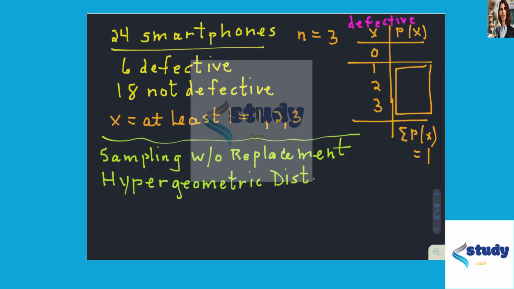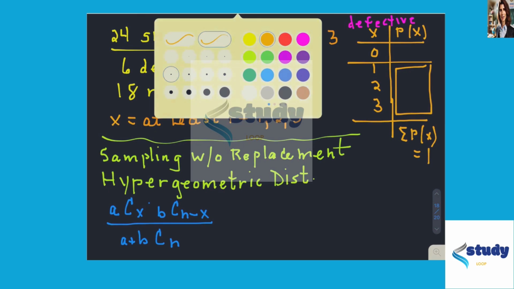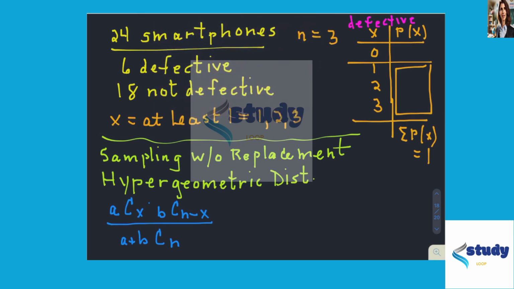And the formula says the combination of A items taken x at a time multiplied by the combination of B items taken n minus x at a time divided by the combination of A plus B items taken n at a time, where in this case A represents the favorable count, and since we defined favorable as being defective, then we know A is going to be 6.